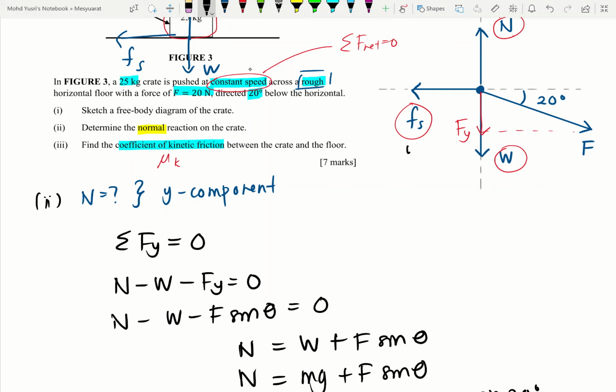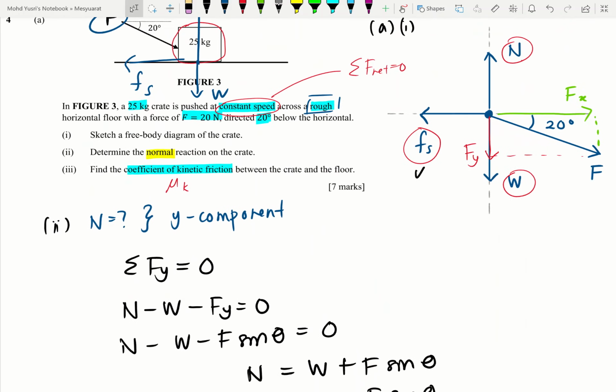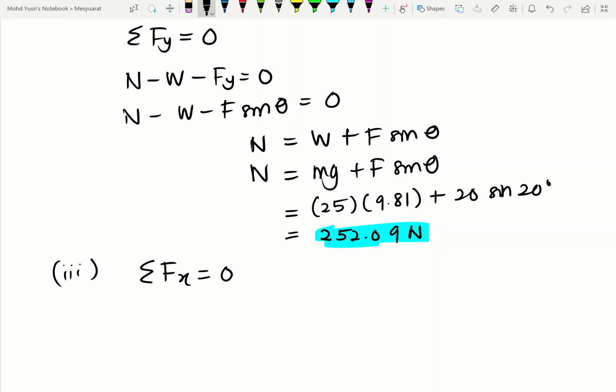The first one is friction, and the second one is the X component of F. Okay. So, kita boleh keluarkan equation Fx minus Fs from the free body diagram. Fx minus Fs is equal to 0. Therefore, Fs is equals to Fx.